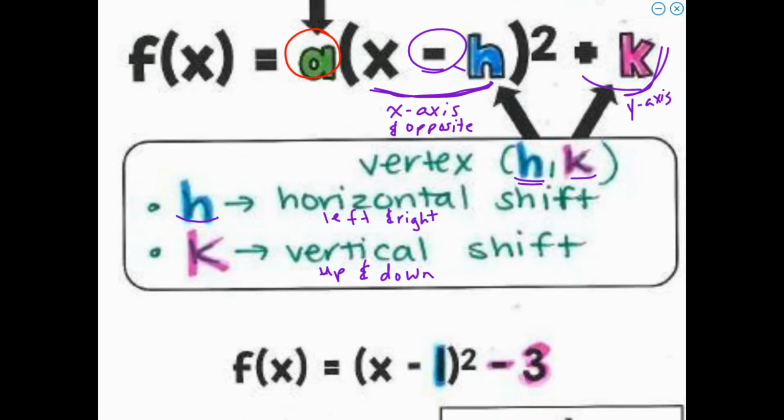So if you look at this equation down here that's in vertex form, what would you tell me that my vertex is based on the numbers that you see there?